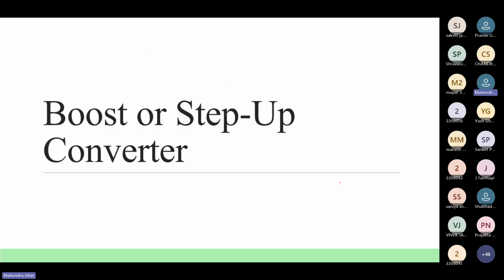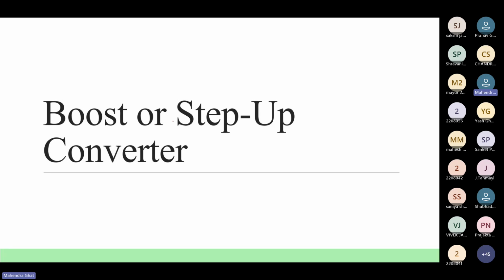Then moving to the next converter, which is the boost converter. It is also called the step-up converter. Boost means boosting or stepping up voltage. So the name itself implies that the output of this converter is either equal to the input voltage or greater than the input voltage.